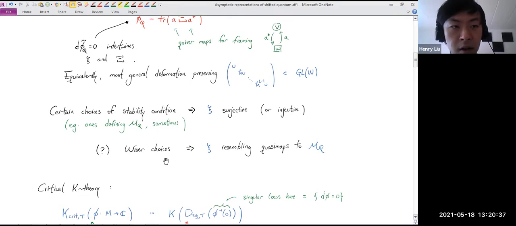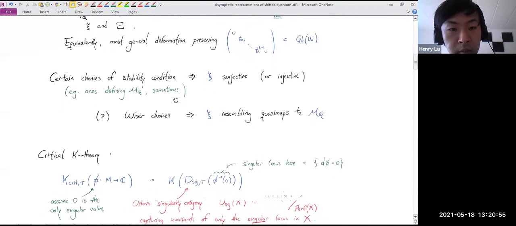But for now, we'll stick with a very naive choice of stability condition, which will just force all these psi's to be surjective. So we're thinking about finite or infinite descending flags. Okay, so that's the moduli space.